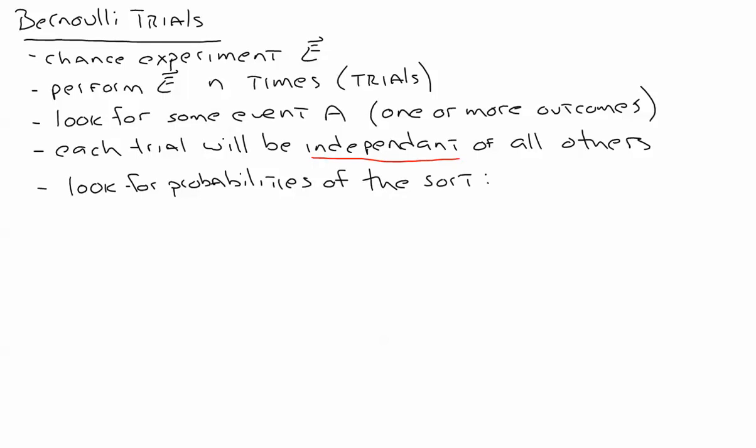We're going to look for probabilities of the following sort. One might be event A occurs exactly K times in N trials.